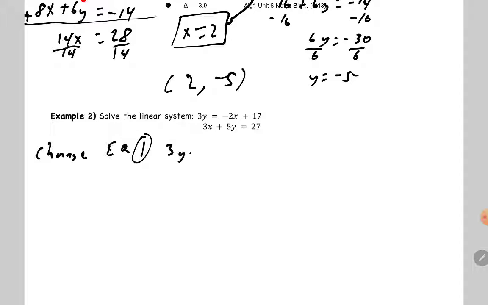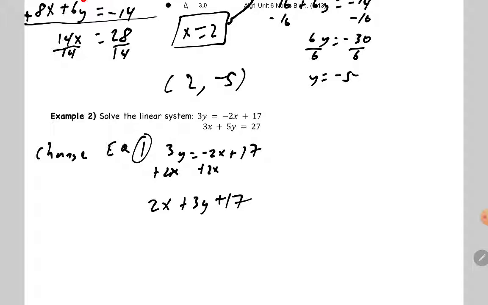So we have 3y equals negative 2x plus 17. And to make it look like equation 2, I'm just going to move this x value over to the left side, and to do that, I have to add it. So it disappears from the right, but now it's on the left side.